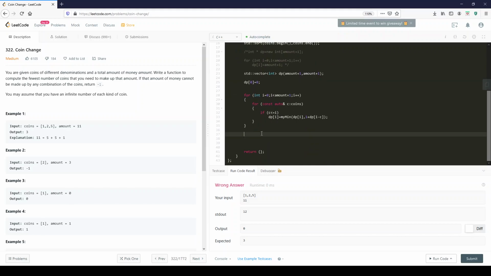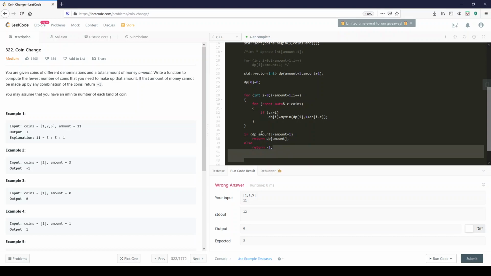Okay, so now at this point, if at the end of all this, your value at dp[amount] is smaller than amount plus 1, so meaning something hits at that particular amount, if coins were able to be used, then let's just, we don't need the brackets here, return dp[amount], else return -1.